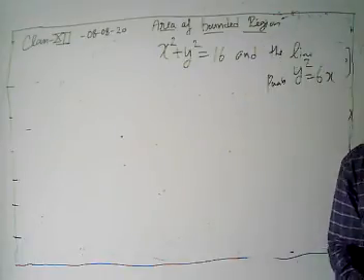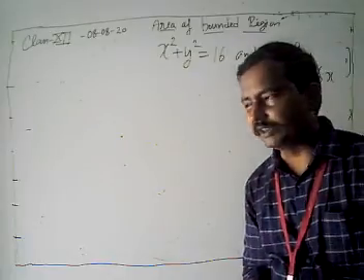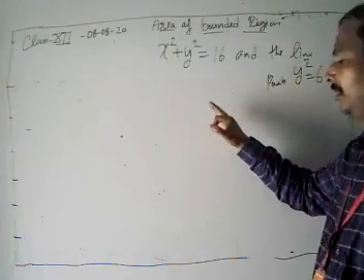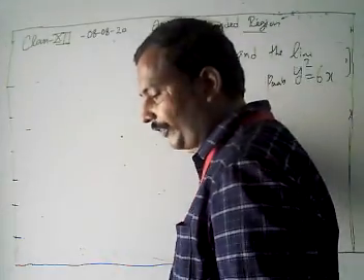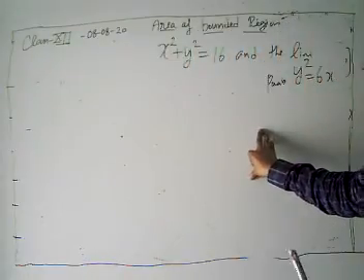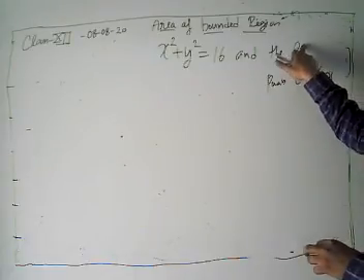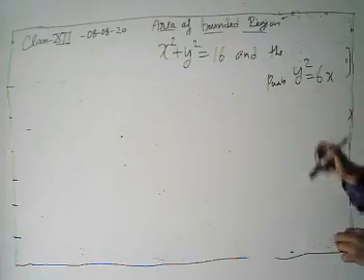Now I'm not going to explain the whole problem, I'm just going to discuss the graph, then set the region there. We have to find the area of the region common to the circle x square plus y square equal to 16 and the parabola y square equal to 6x.